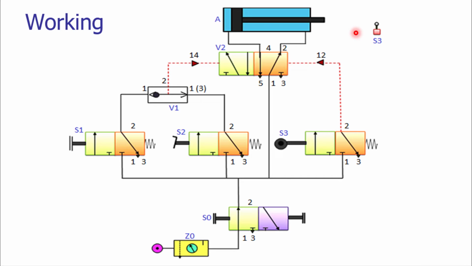When the cylinder is extending in the forward stroke, it will hit the roller and that roller is actuating its retraction movement. So for that purpose, we need a 3x2 roller lever valve that is placed over here.